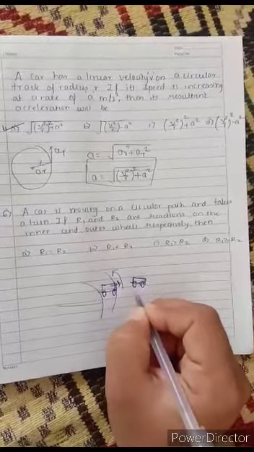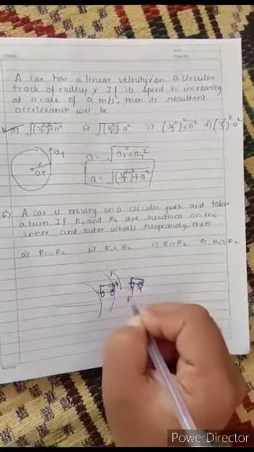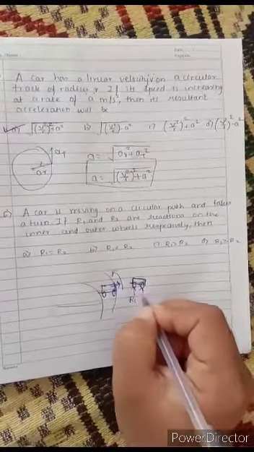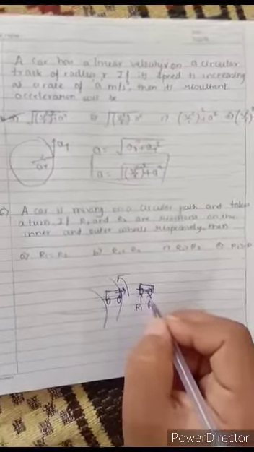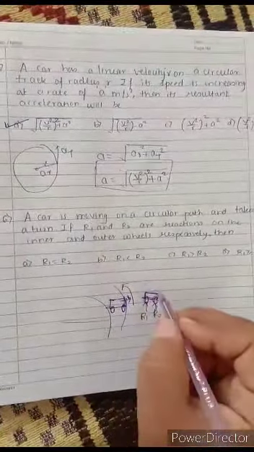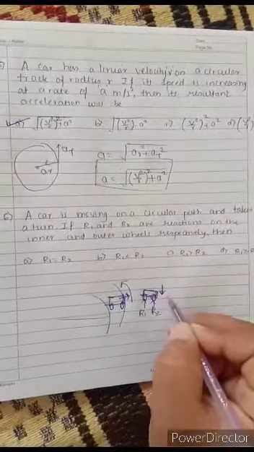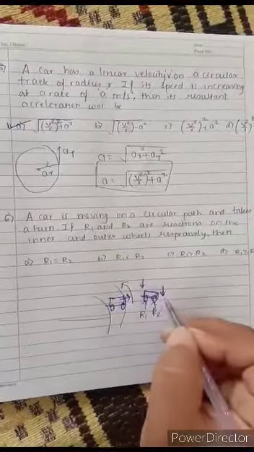Now see, reaction is the net upward force, right? So R1 is the net upward force acting on the inner wheel, R2 is the net upward force acting on the outer wheel. Now it is very obvious that the outer wheel is exerting more downward force as compared to the inner wheel.